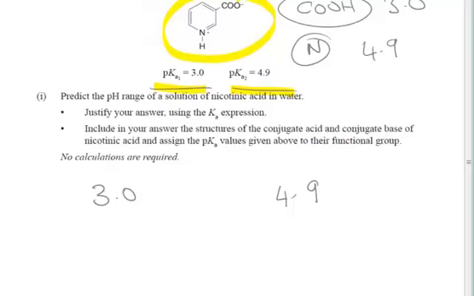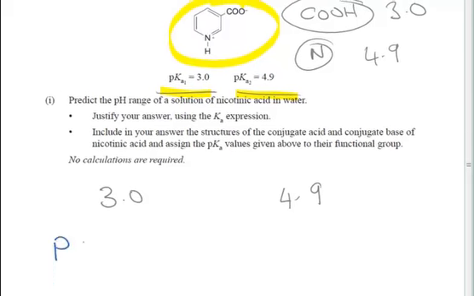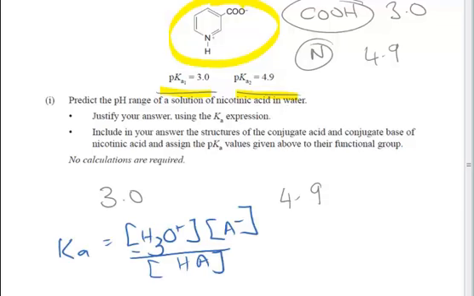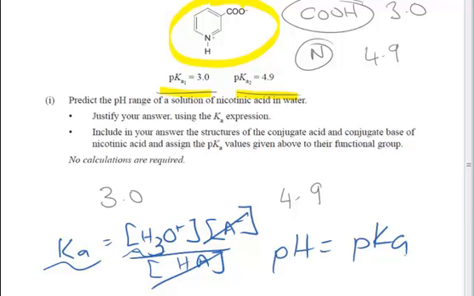Now we know when we have the equation for Ka, that when the concentration of the base and acid are equal, that Ka equals H3O+, or pH equals pKa, and that gives us an idea of where to go with this.